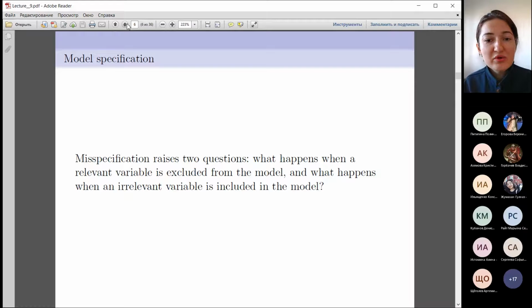So the next question, what happens when an irrelevant variable is included in our model? Should we assume that even in this case we will obtain some errors, or our result will not be reliable? Okay, so let's start with the discussion of these two main questions.